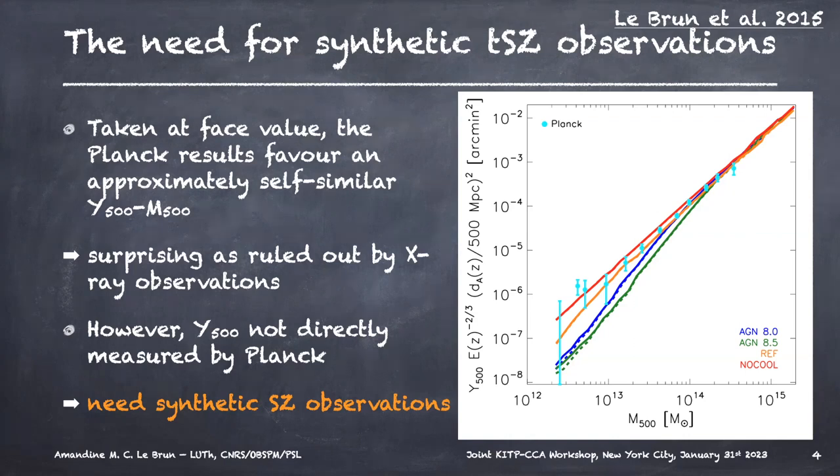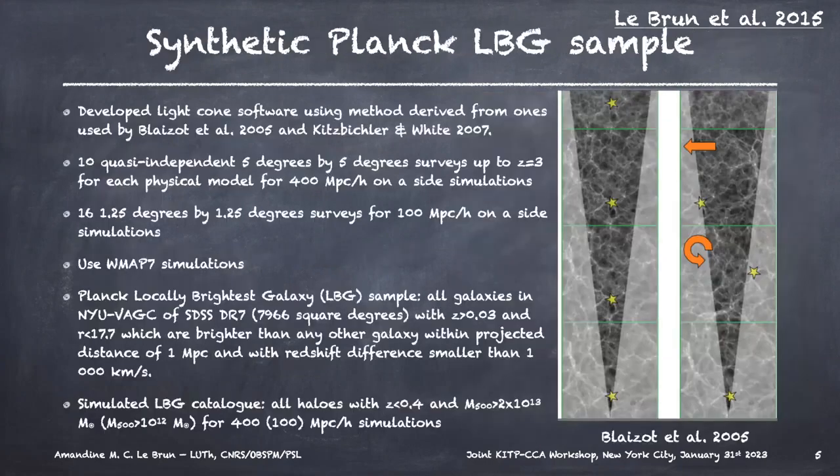But Y500, the SZ flux within R500, is not actually what is directly measured by Planck. So if you want to understand what kind of systematics that they haven't already tested could be causing this, you need synthetic SZ observations. That's exactly what I did.